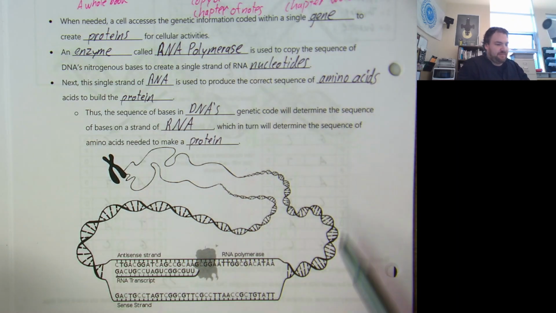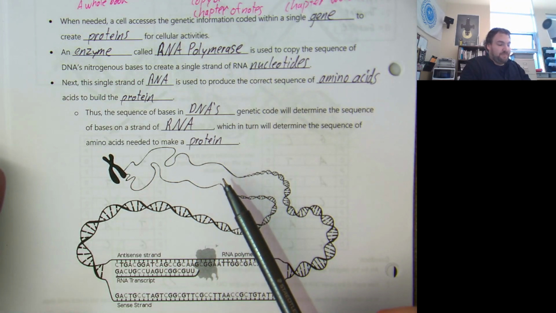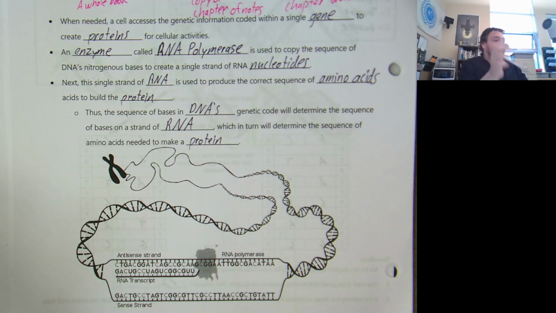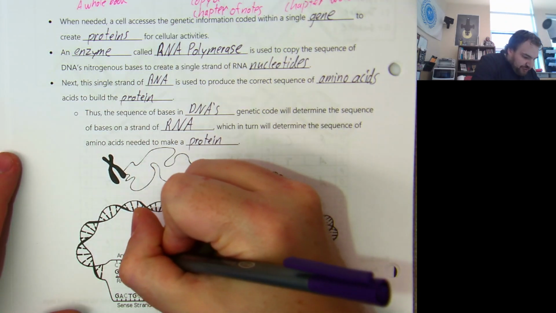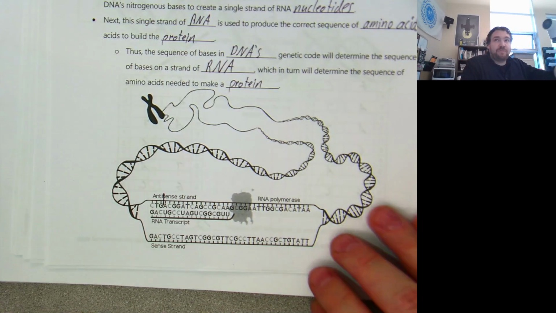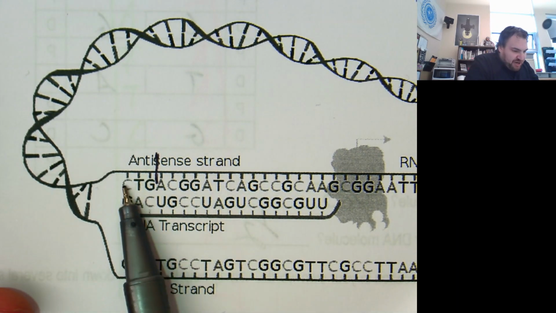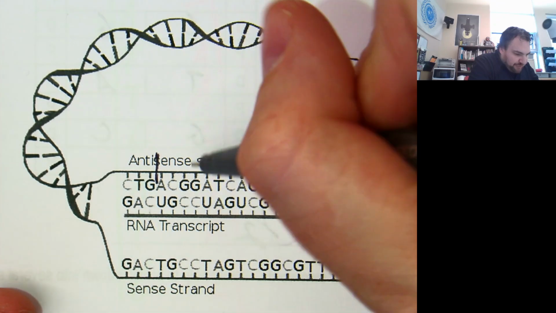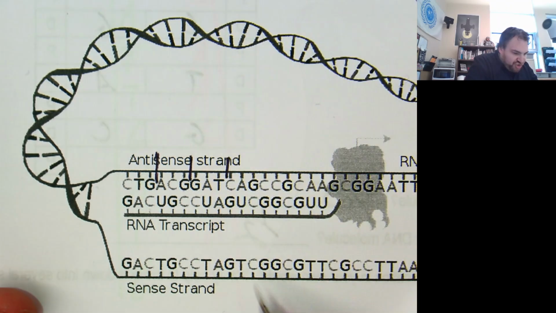So a condensed version of it is when DNA gets transcribed. It gets transcribed in chunks of 3 nitrogenous base pairs. So they'll take a 3-letter chunk. I'll zoom in on this so you can see what I'm doing. They'll take a 3-letter chunk, CTG, and they'll take another 3-letter chunk, ACG, and they'll take another, GAT.